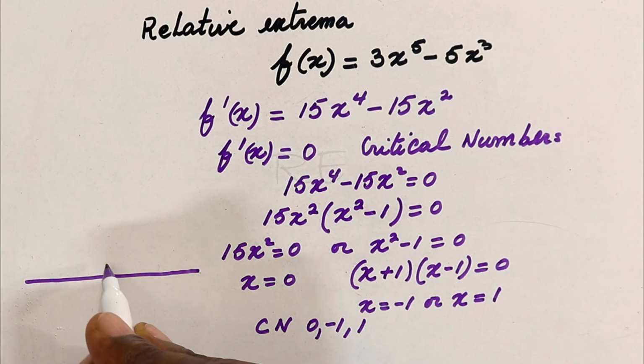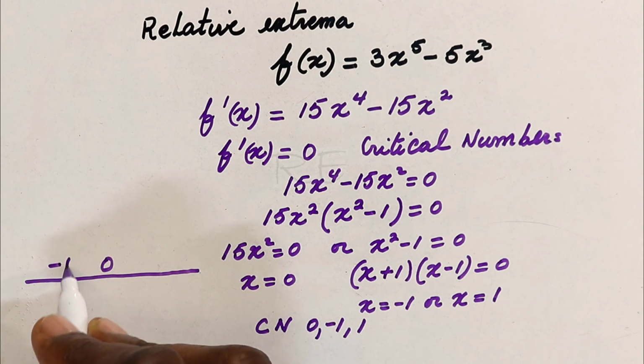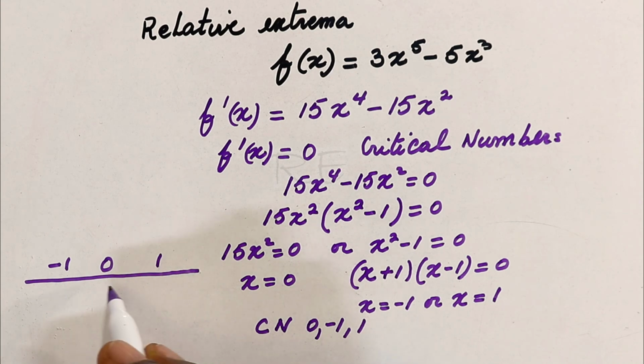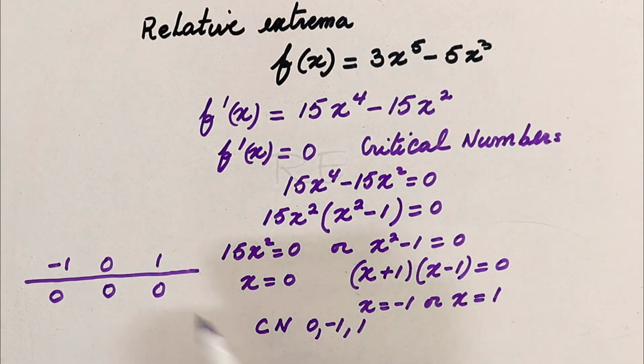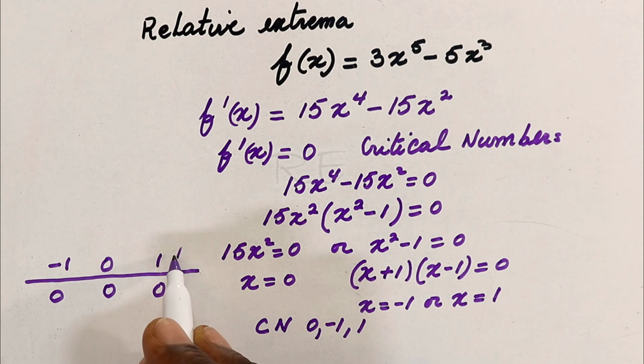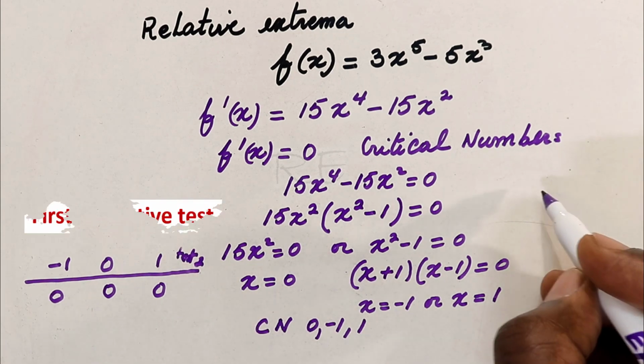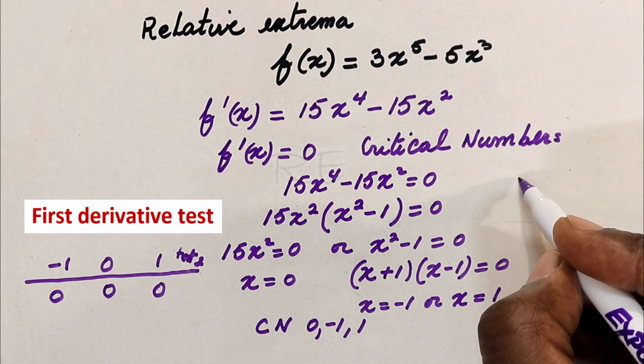We build a table of values: 0, -1, 1. Those three numbers are zeros of the derivative. And we're going to test for sign. Well, we'll test for 2. Notice that the first factor will always be positive.